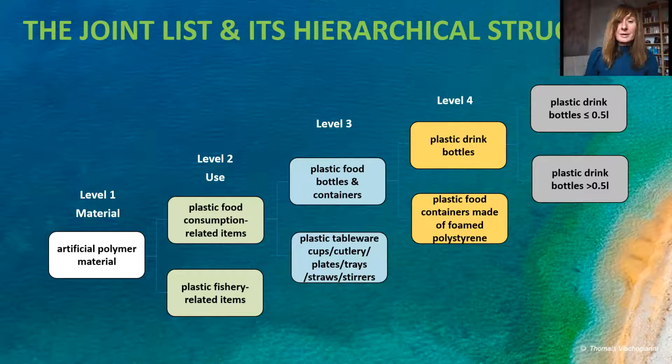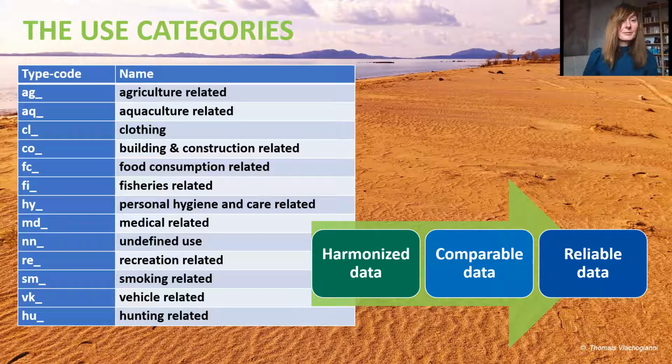And the third level can break down further. For example, when it comes to the food bottles and containers, it can break down to plastic drink bottles. And these also can break down at the fifth level depending on their dimension. So they can be smaller than 0.5 liters or bigger.